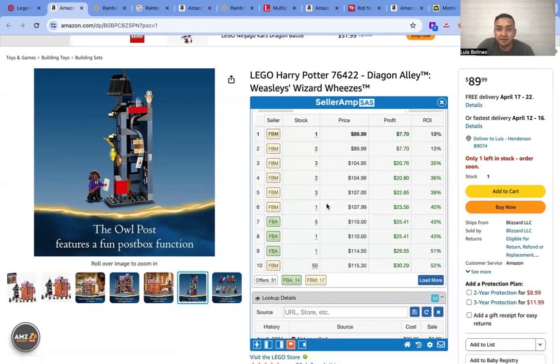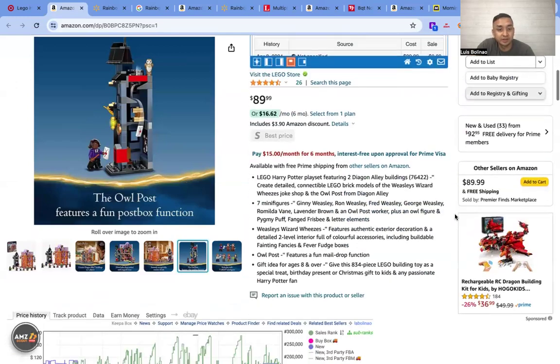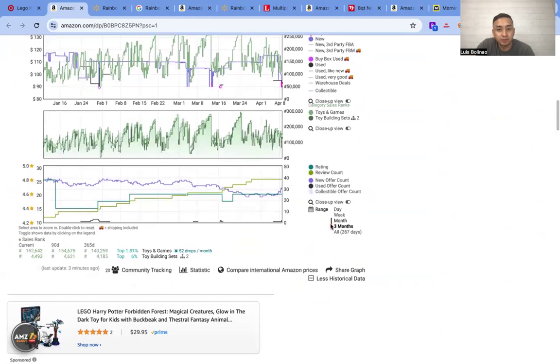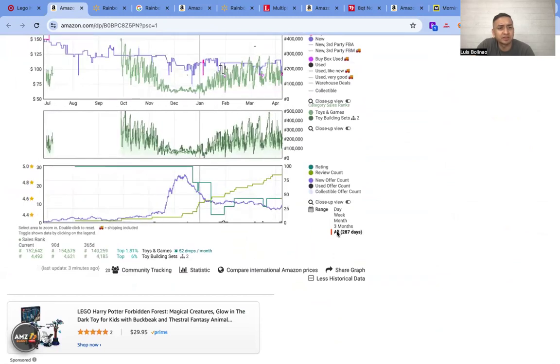Not just that, the first two sellers are only getting 13% ROI. So it's just not the best one out there. So this one I would skip for sure. But I'm sure this sells well during the holidays. Let me see.